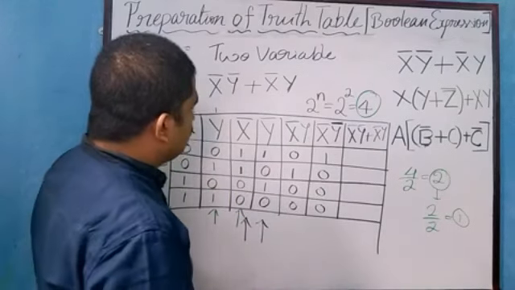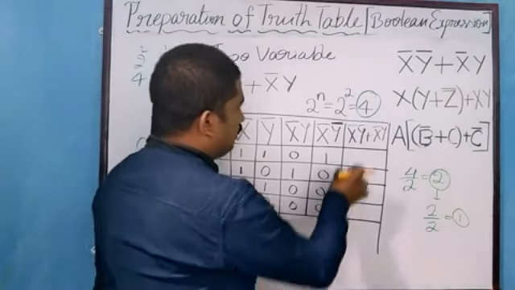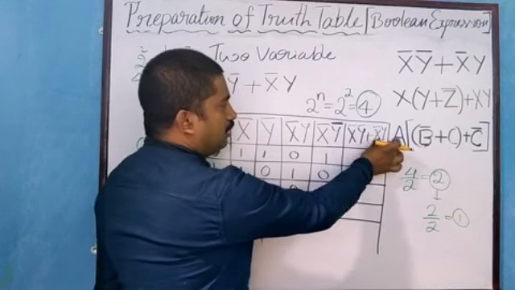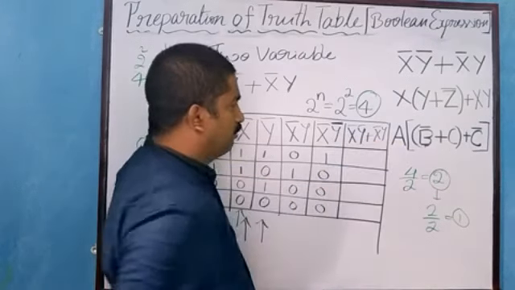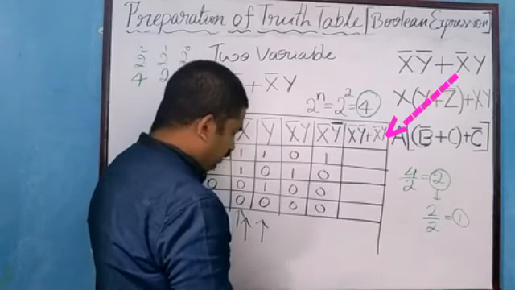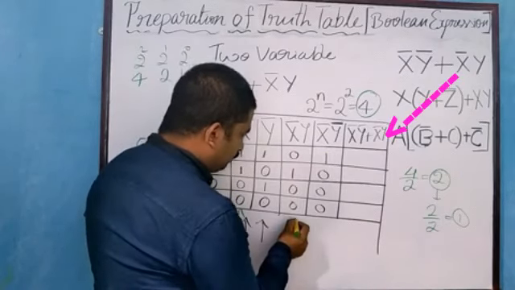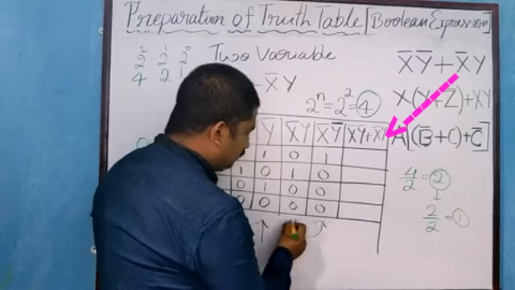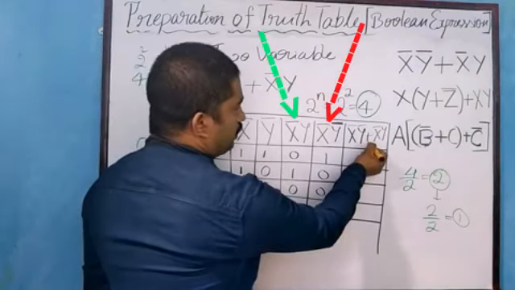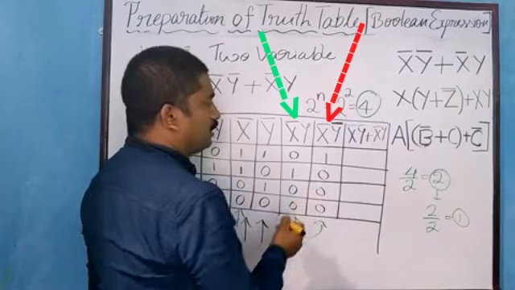Okay. So finally we need the two terms. We already got x complement y complement and x complement y. So we have to use these two columns. Okay. This is addition, OR relation. 0 or 1, that is 1.